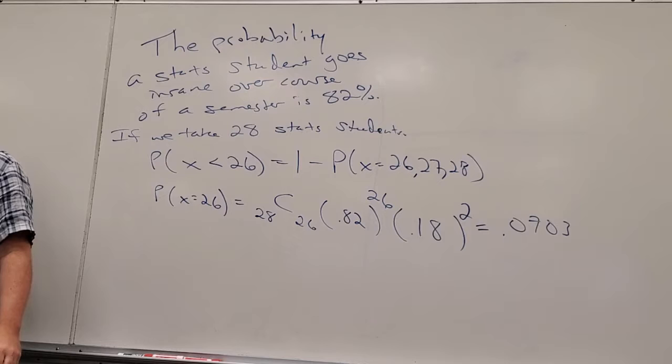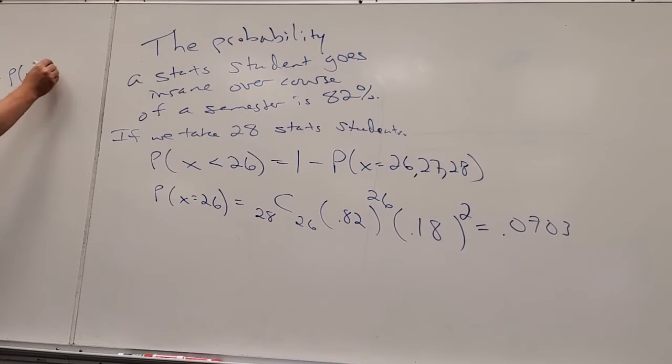The opposite would be x greater than or equal to. Think about it. If I said less than 10, does that include 10? No. So the opposite better include 10. So the opposite of less than 26 is greater than or equal to 26.